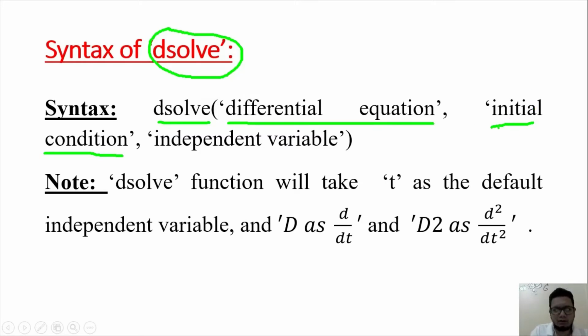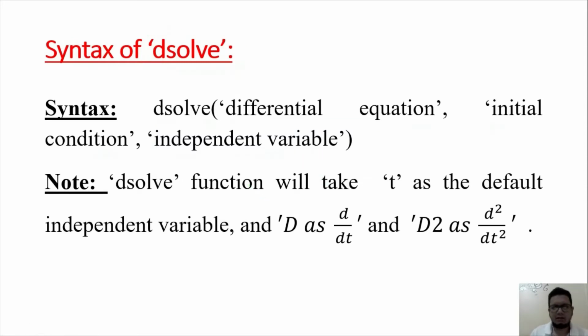So type two boundary conditions in single quotes. Then comma, in single quotes, write your independent variable. So whenever I write dy over dx, remember, y is my dependent variable, x is my independent variable.